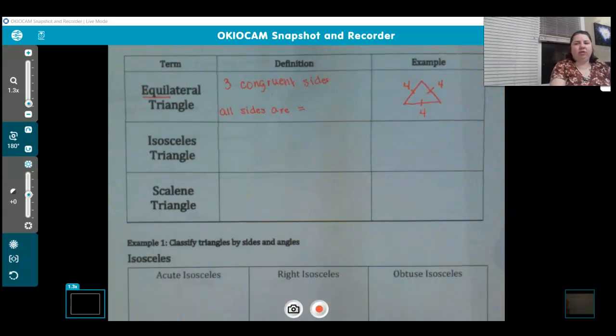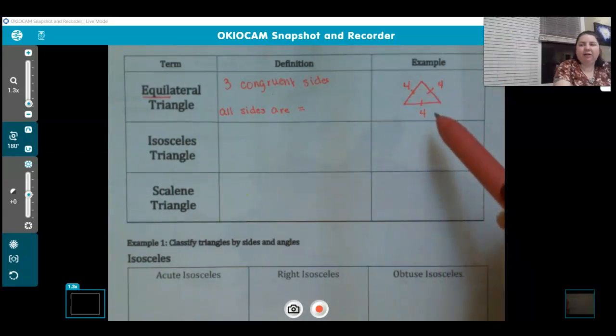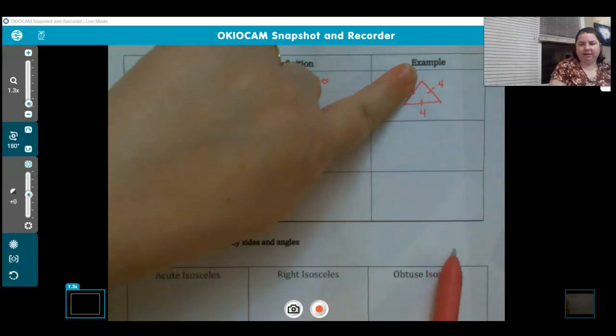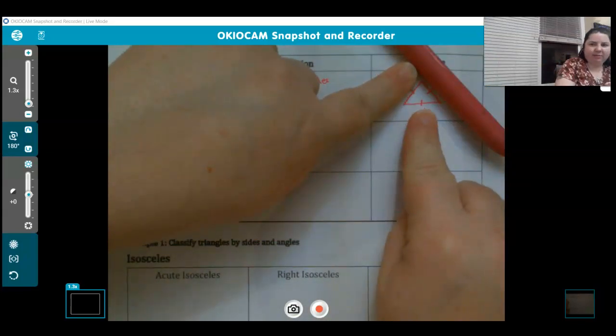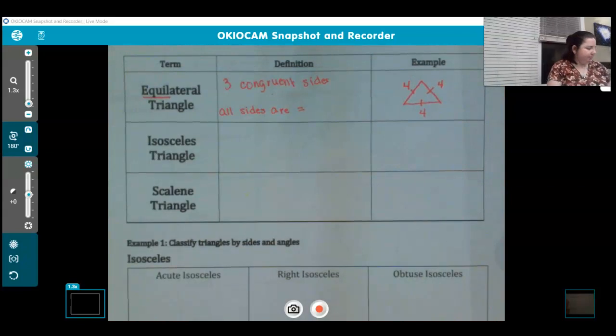I have a triangle, each side is labeled with the number 4, so each side is 4 of whatever unit I'm using. But even if I didn't have the numbers, if all I had were those tick marks, I would still know it's an equilateral triangle because those tick marks tell me that all 3 sides are equal.